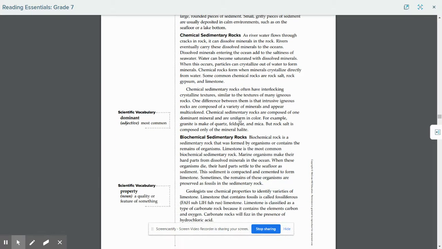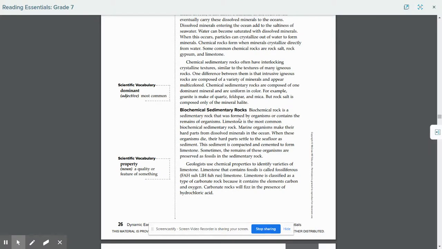One difference between them is that intrusive igneous rocks are composed of a variety of minerals and appear multicolored. Chemical sedimentary rocks are composed of one dominant mineral and are uniform in color. For example, granite is made of quartz, feldspar, and mica. But rock salt is composed only of the mineral halite.